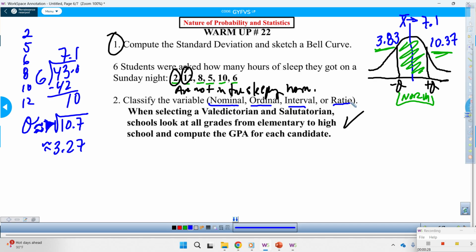Let's go back to Lolly. Ordinal, that would be incorrect. Let's see, Adam. Interval. Why? Because this one does need specific ranking. So when you are selecting your valedictorian, salutatorian, it's specific.